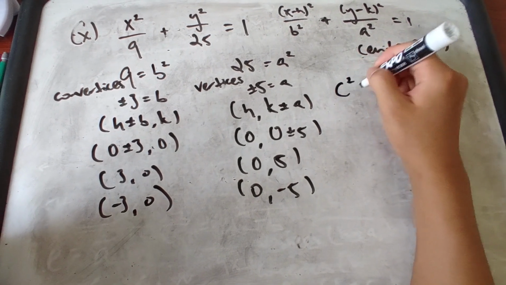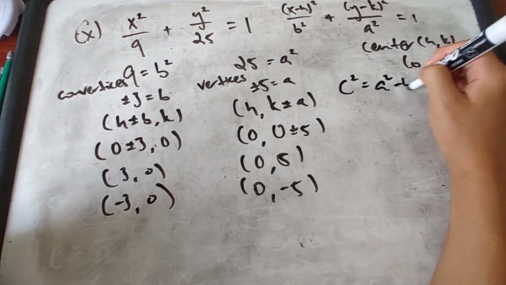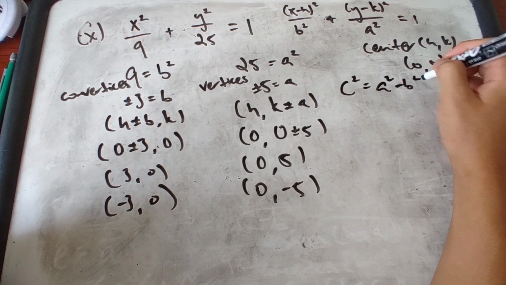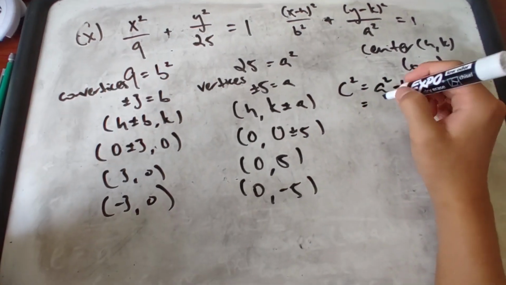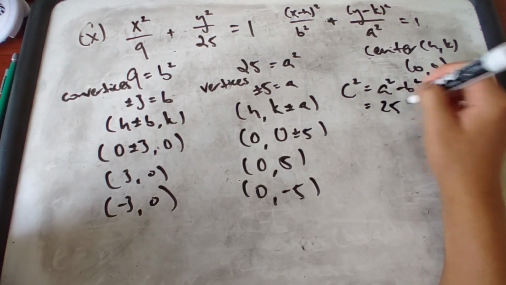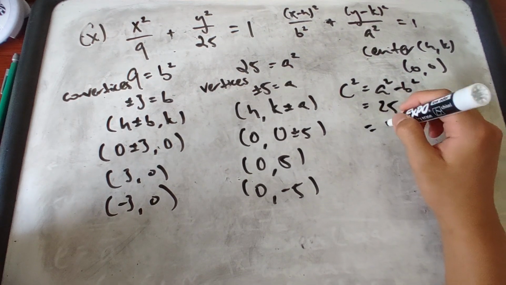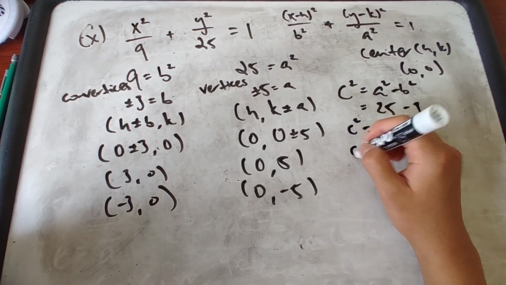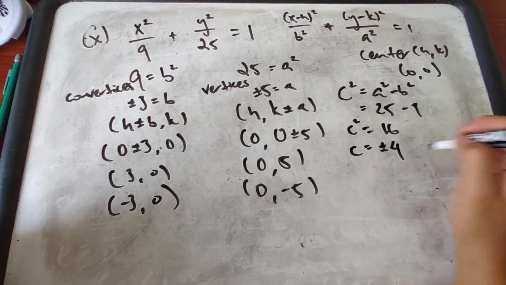The formula for the foci is c squared equals a squared minus b squared. And that would be 25 minus 9, which is 16. And c would be the value of plus or minus 4.